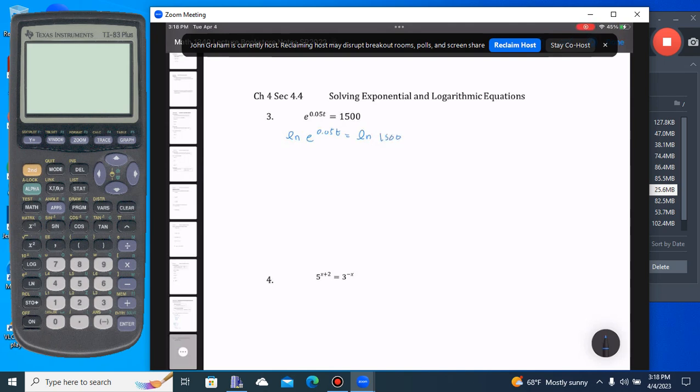The property we had before is this power is going to come down. So you have 0.05t times natural log of e equals natural log of 1500. Natural log of e is just 1. So you have 0.05t equals natural log of 1500. So divide by the 0.05.